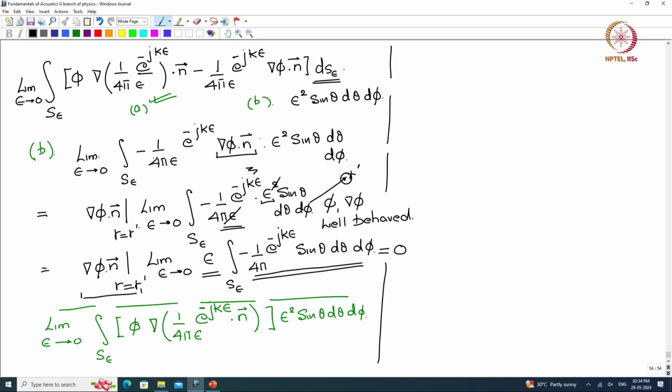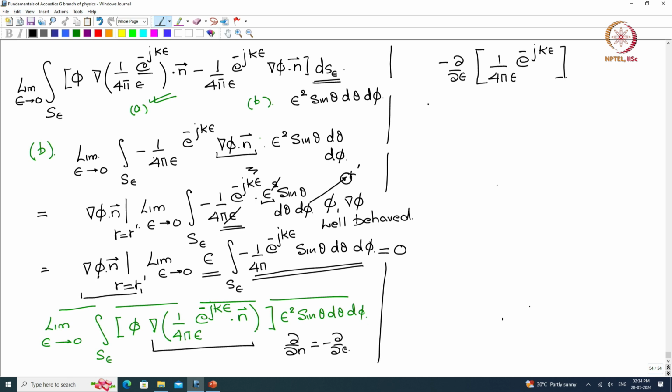Now we did say last time that del by del n is equal to minus del by del epsilon. So what happens first here is this entity is minus del by del epsilon of 1 by 4 pi epsilon e to the power of minus j k epsilon.